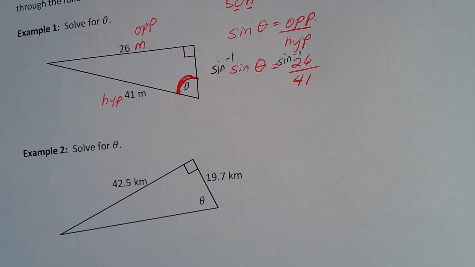The inverse of multiply would be division. If you have a squaring, what's the opposite of squaring, or the inverse of squaring? Square root. Now, if you have a sine, to reverse that, that would be the sine inverse. So you're not multiplying it. It's not an operation. It's a function.